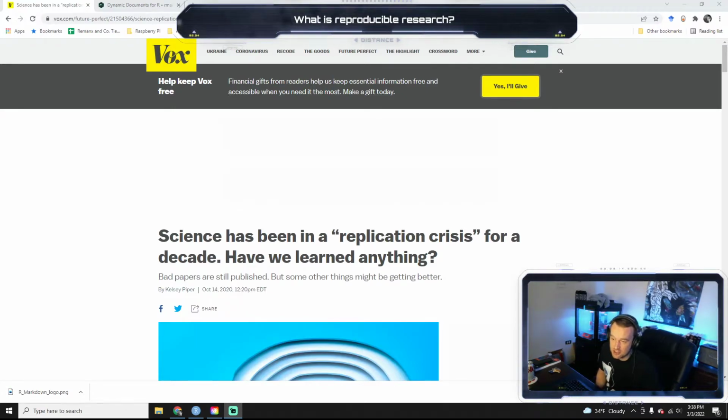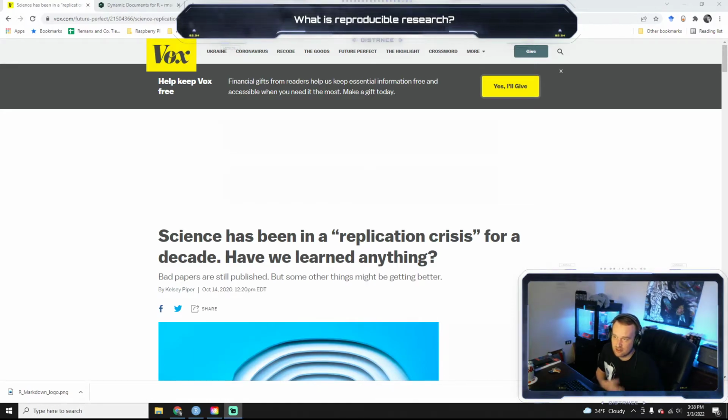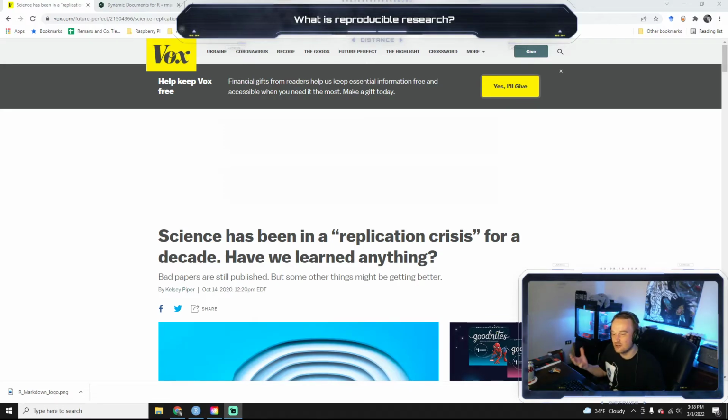Bad papers are still published, but there are tools, like we'll get to in a few minutes, that can help prevent this replication crisis, and some of those tools are things like R Markdown, which we'll talk about. If you're interested in looking a little deeper, I encourage you to Google replication crisis in science. There are a lot of articles in scholarly publications where they offer their critique or their idea for how we combat this.